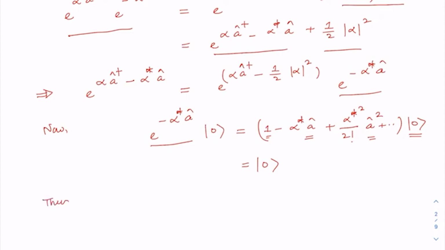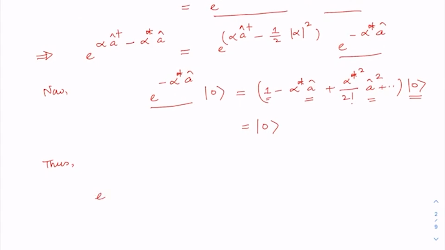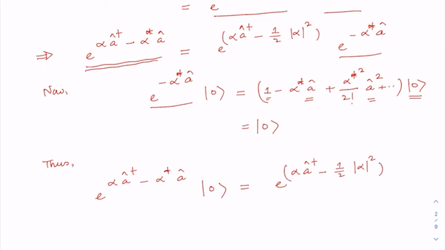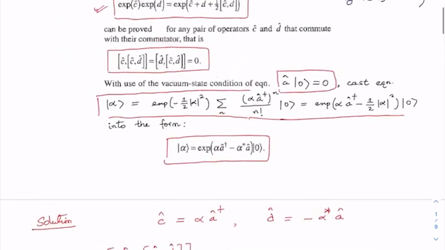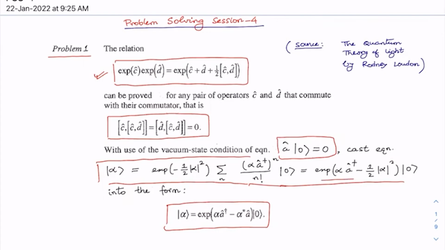Therefore, very trivially, I can write e to the power alpha A dagger minus alpha star A operating on the vacuum state. If it operates on this, then you will be left with e to the power alpha A dagger times e to the power minus half mod alpha square, operating on |0>, and we know that this is nothing but your |alpha>, as you can already see from here.